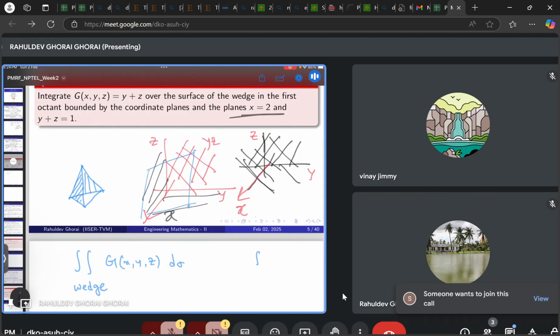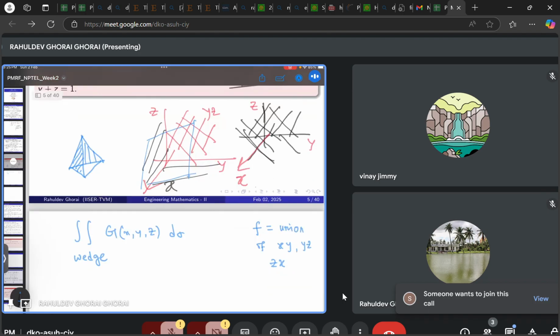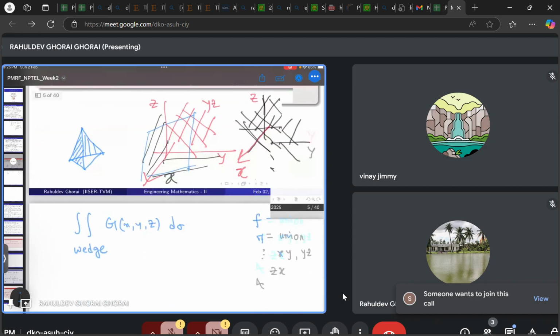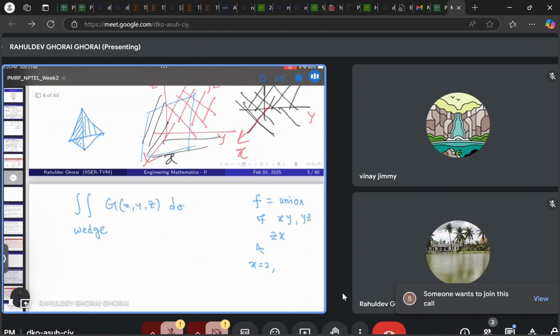Here, it is given as the union of the xy, yz, zx planes and the x equal to 2 and y plus z equal to 1 planes.